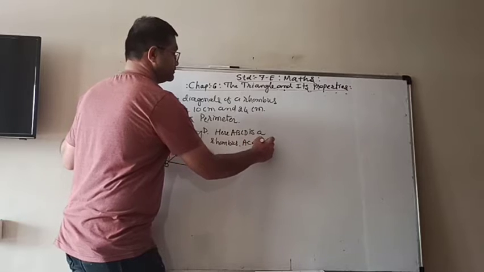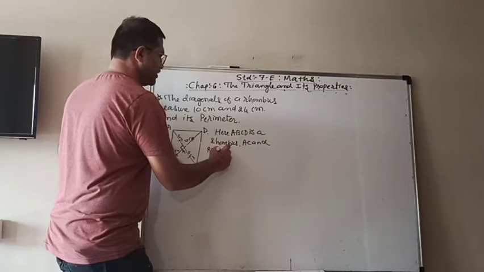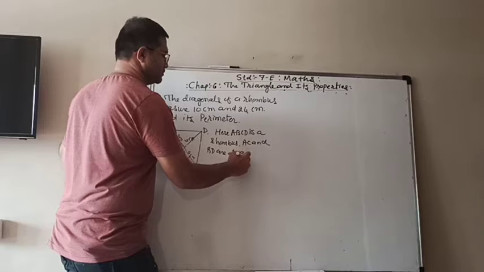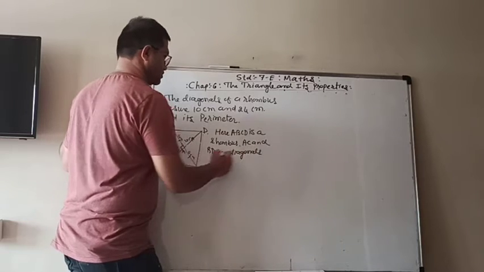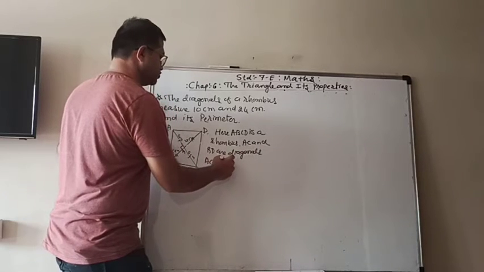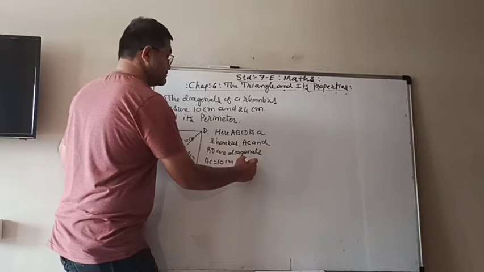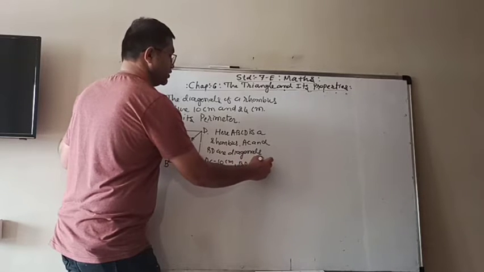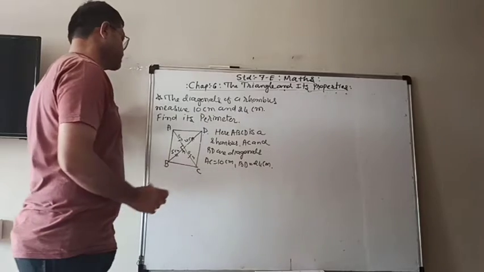AC and BD are diagonals. AC is equal to 10 centimeter, BD is equal to 24 centimeter.